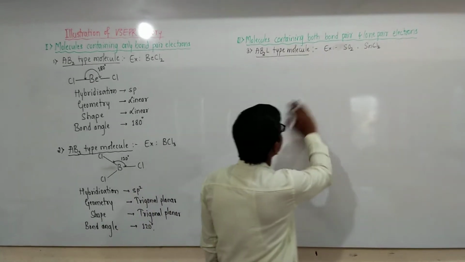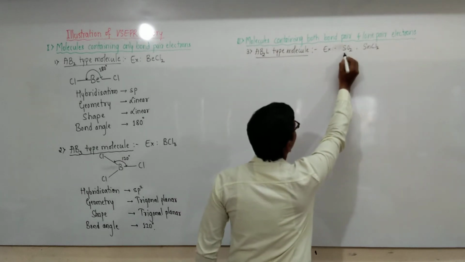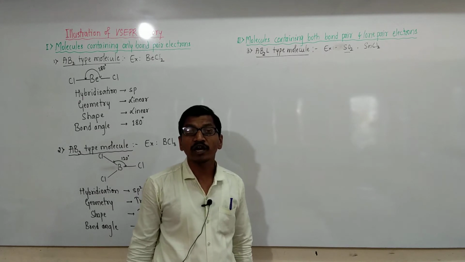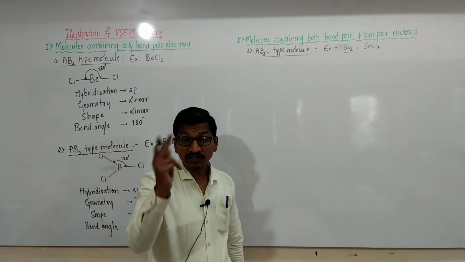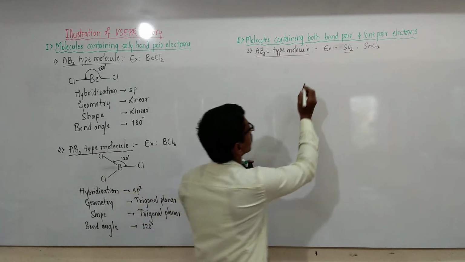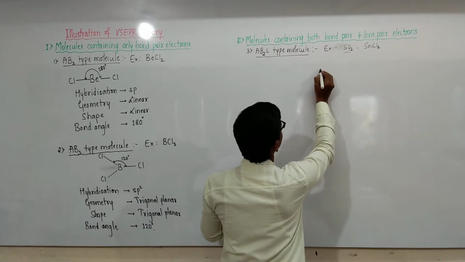In the case of sulfur dioxide, the central sulfur is surrounded by two bond pairs and one lone pair. Two bond pairs and one lone pair.